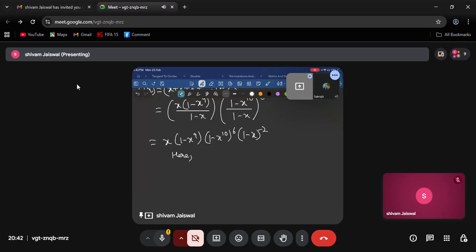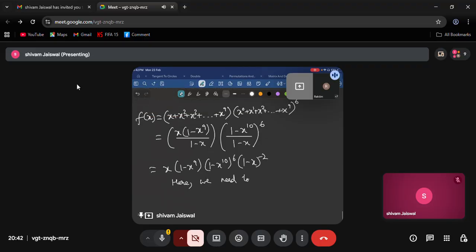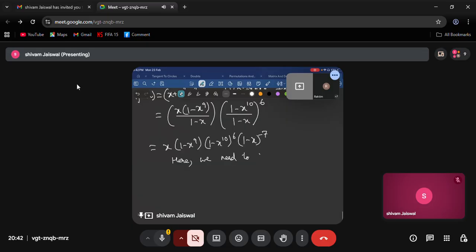Tell me, Sarthak, Bhakti, Anandit, if you have not understood, you can ask me again. Sir, here in 1 minus 6 it will be minus 7. Yes, it should be minus 7. Find the coefficient of x power 14.